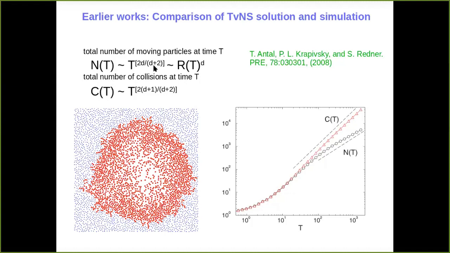From some scaling arguments, they found the scaling for N(t) and the growth for C(t), the number of collisions. In the earlier part of the talk, it goes as R(t) to the power D, where R(t) is the position of the shock front at time t, and D is the dimension.